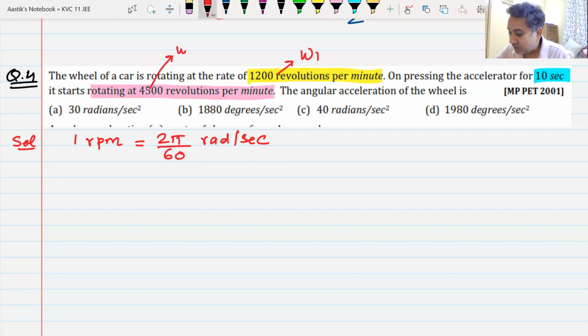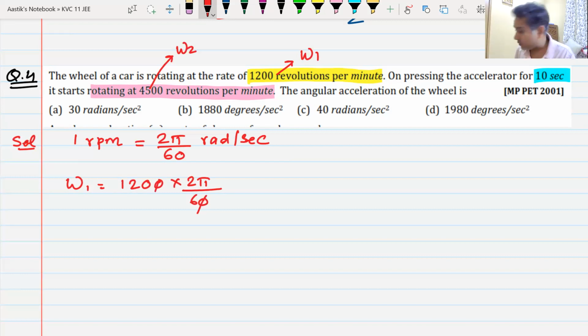This is the value of omega 2. So omega 1 is 1200 revolutions per minute, so I multiply it by 2 pi and divide it by 60. So that will be your omega. So how much will it come? 240 pi radians per second. Yes or no?